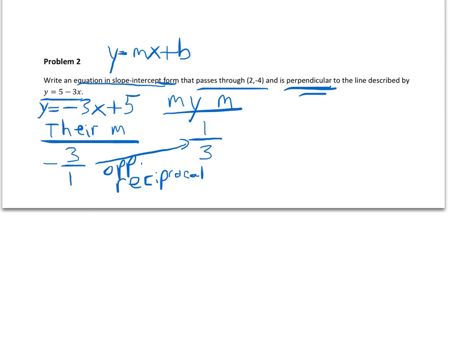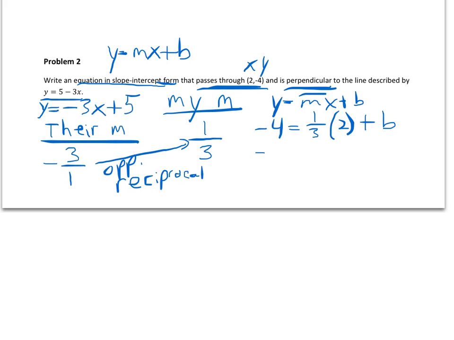So now I know my m, and I also know my line runs through these points. So now I know my x and my y. So I have y equals mx plus b. My y is negative 4. My m is 1/3. My x is 2. And then plus b. Again, I cannot assume I know what b is, because it may or may not be the same y-intercept.